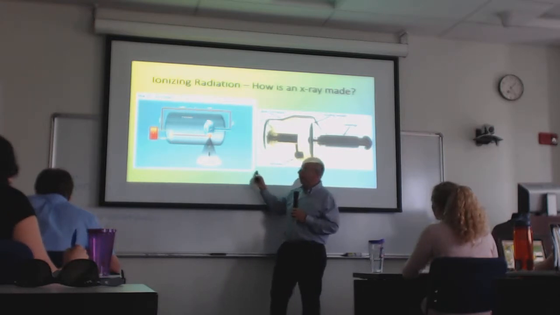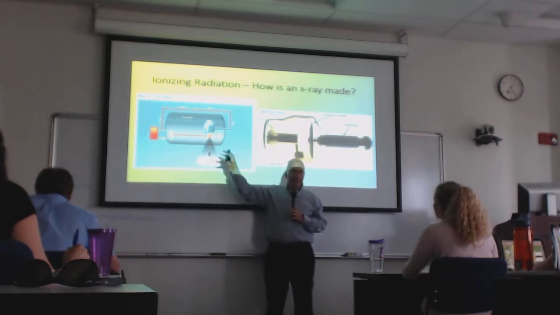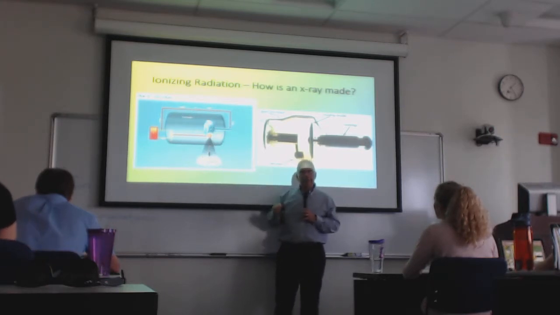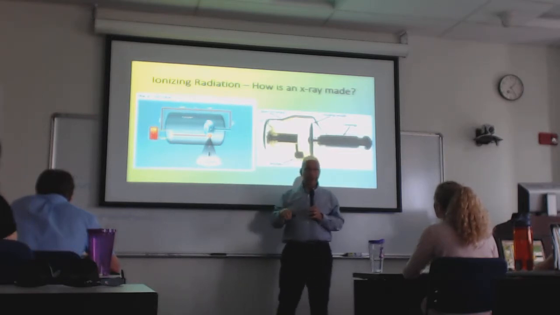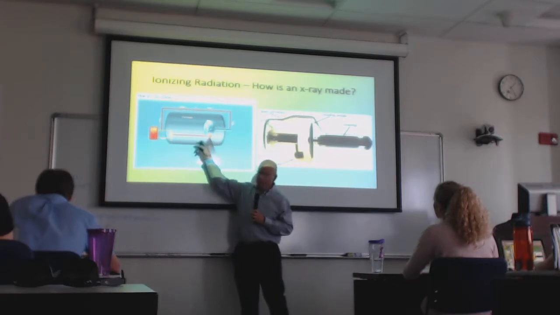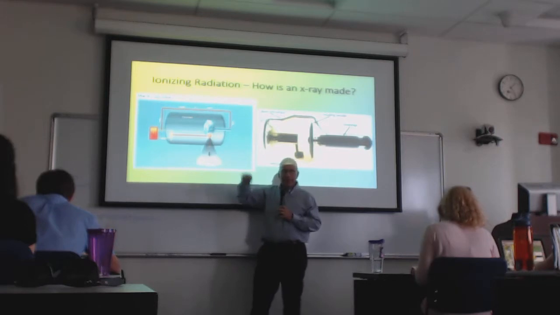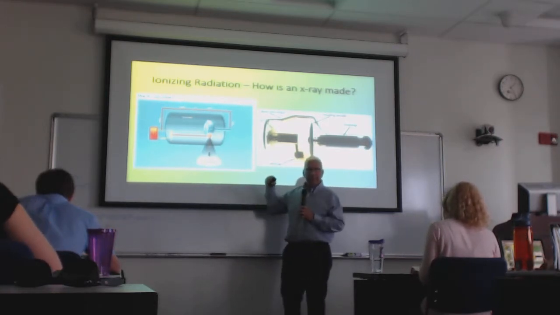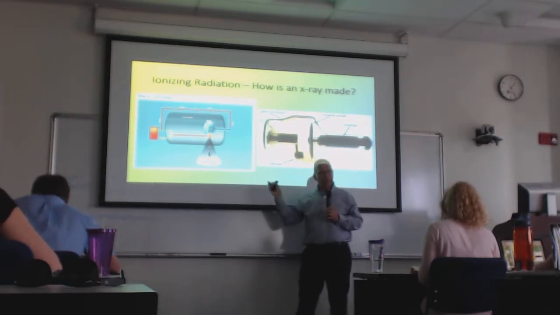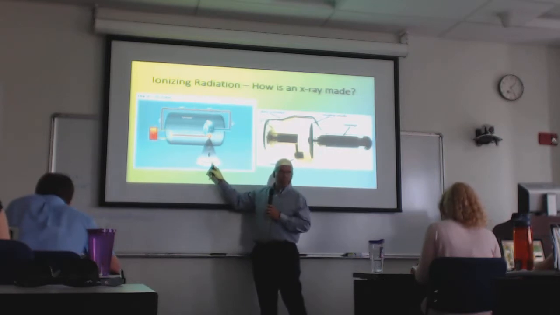It can be made most commonly of tungsten, which is the element for most radiography. For mammography, because we want to create X-rays of a slightly different energy, we use molybdenum for the anode. So the electrons go flying and hit the tungsten. And when the electron hits the tungsten, there is an atomic action that occurs, which I'll show you in the next slide. And X-rays come pouring out of this tube.